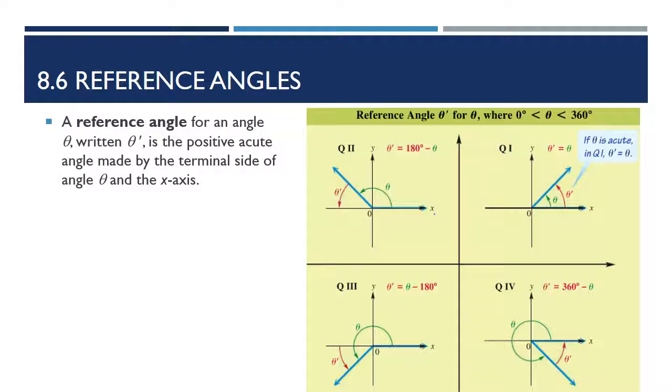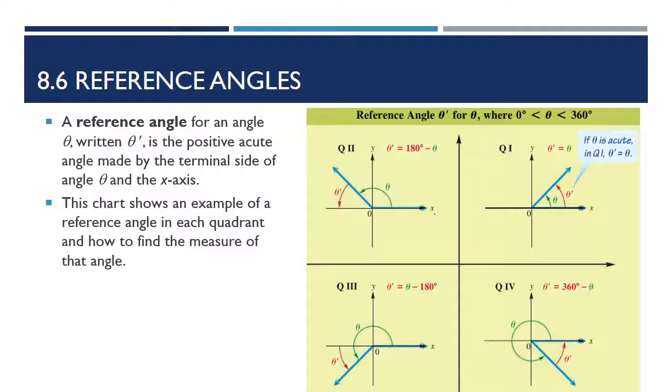So in quadrant 1, theta and theta prime are both going to be the same angle. But you can see here in quadrant 2, you see where theta is in the green, and then theta prime is between the blue terminal side and the negative part of the x-axis. And how you determine the measurement of theta prime for quadrant 2, and again this is in degrees, will be 180 degrees, which is the entire half circle, minus theta, and that leaves you with theta prime.